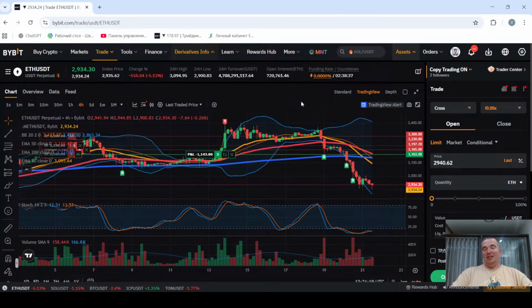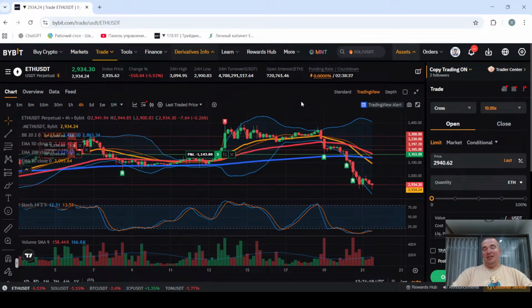As I said, I explained that I open my deals between moving average, Bollinger Band, and stochastic signals, and volume. Volume is very important. You see, yesterday when it started to fall down, the volume was extremely high, like x5 to the average, and it's usually the signal that okay, something happened and something goes down.